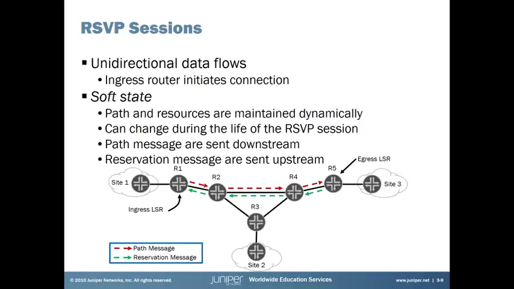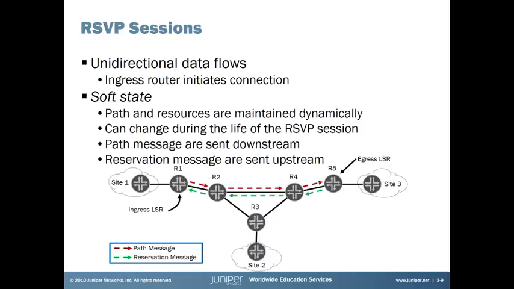And so one of the really great advantages of these signaling protocols is if a link goes down, they can re-signal the path for you by another path, by another route. So they can bring up your label switch path automatically for you. We'll get into looking at how all that can work later on. So they have their soft state, so they maintain dynamically, and can change during the life of the session. So we can re-signal the path to go somewhere else.